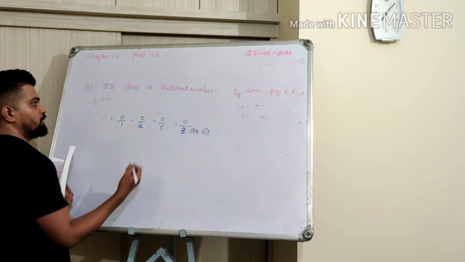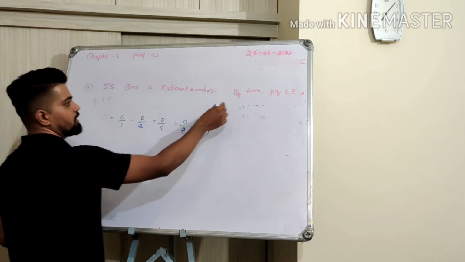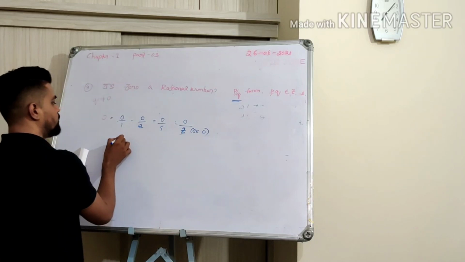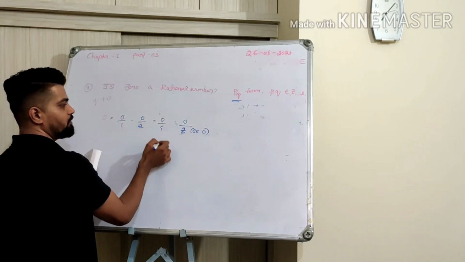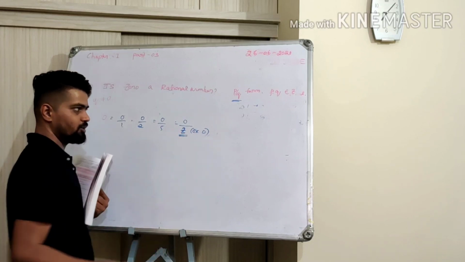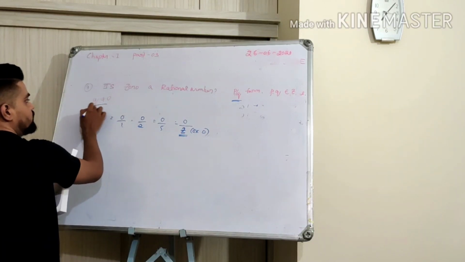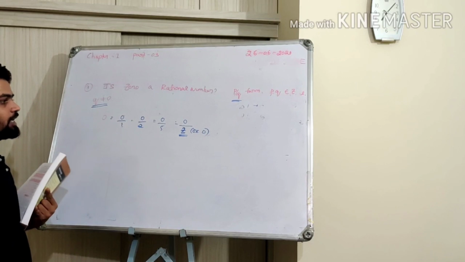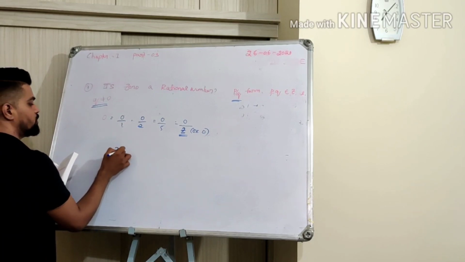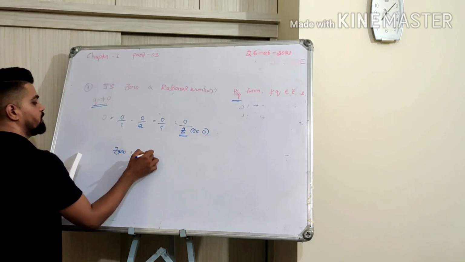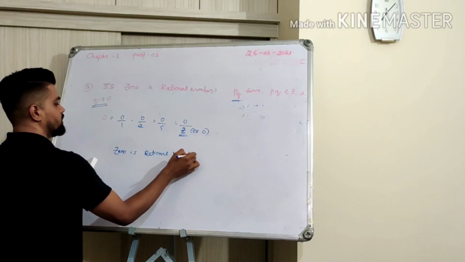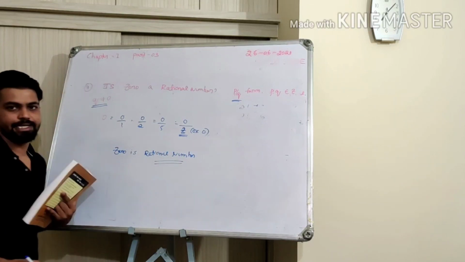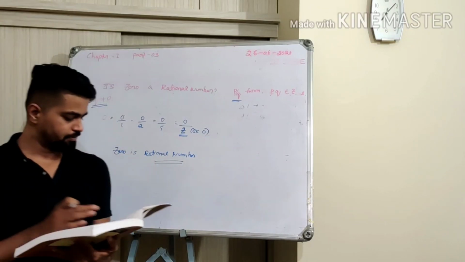So all this is same. So that means 0 can be written in the p by q form, where 0 and 1 are integers, 0 and 2 are integers, and 0 and 5 are integers, and any denominator non-zero integer we need to have, right? That's the rule. So I can write 0 in that way means what is that? 0 is definitely a rational number. So this is the reason I can tell 0 is coming under rational number. That is the first question.